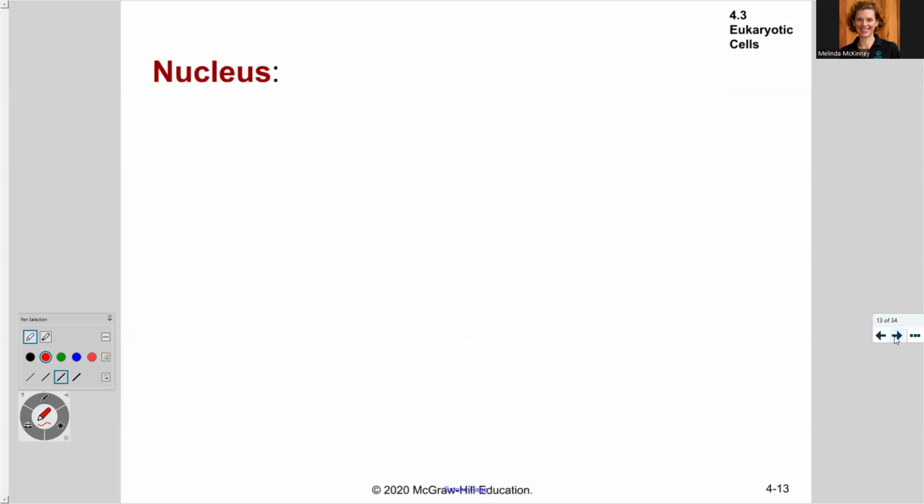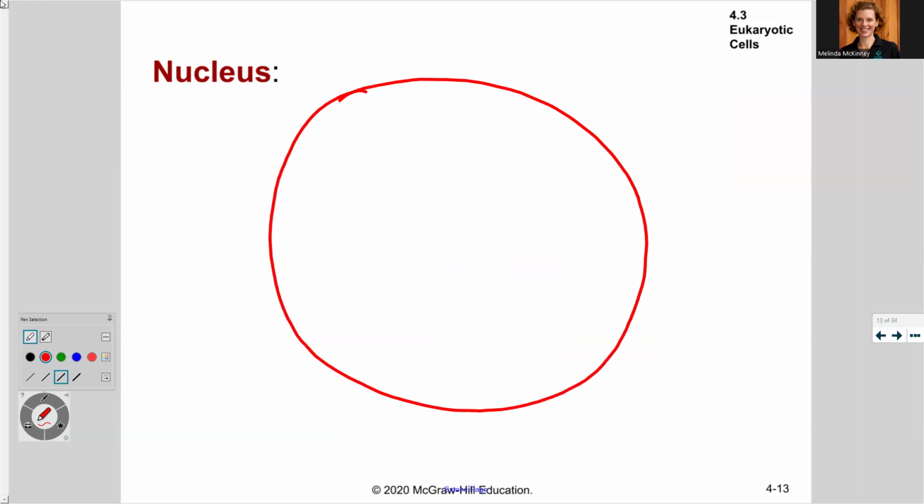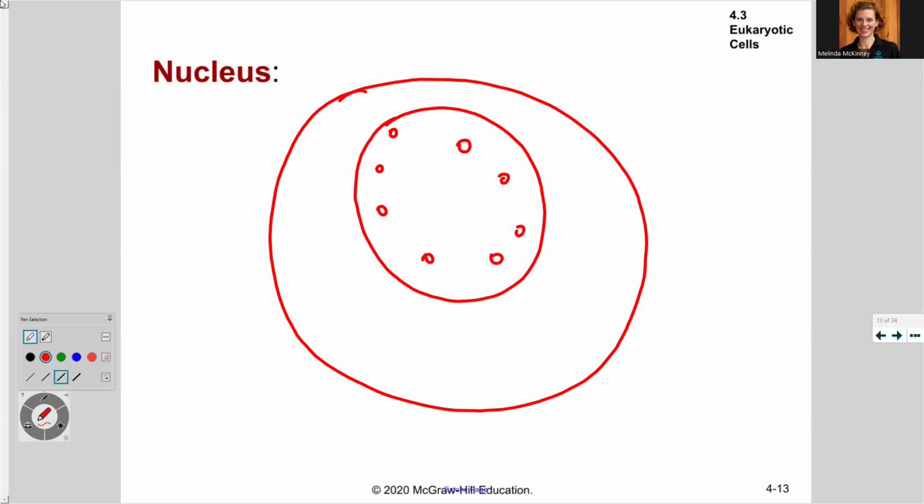So the nucleus, again, it's often the largest membrane-bound compartment in the cell. So here's our nucleus. The nucleus is actually going to have some holes in the surface. So this is a sphere within a sphere. Okay, so this is the outer cell, right? This is, again, the cell membrane on the outside.